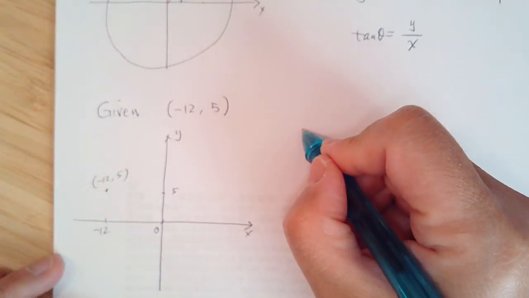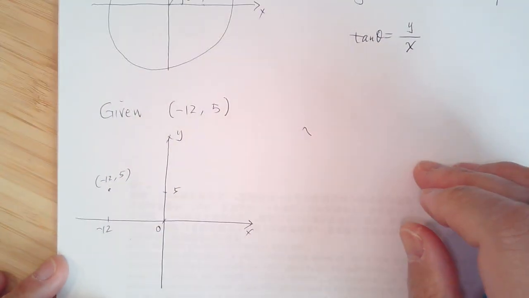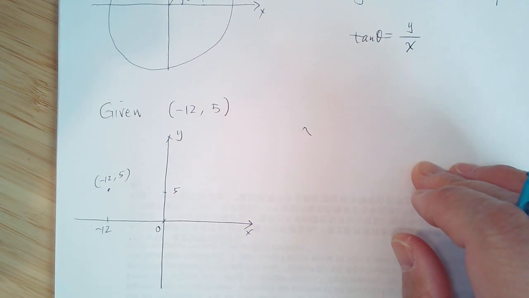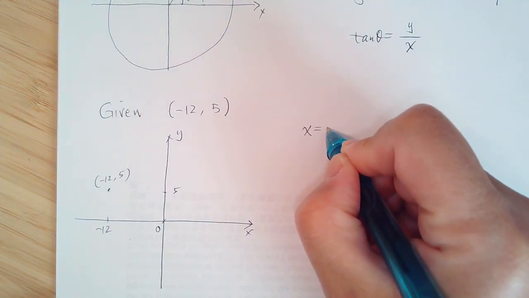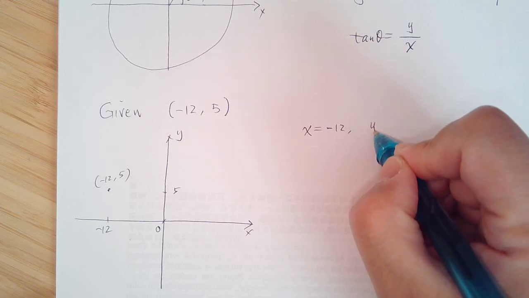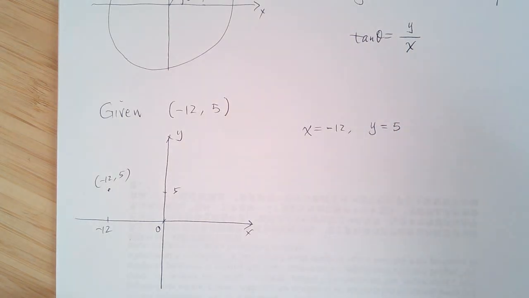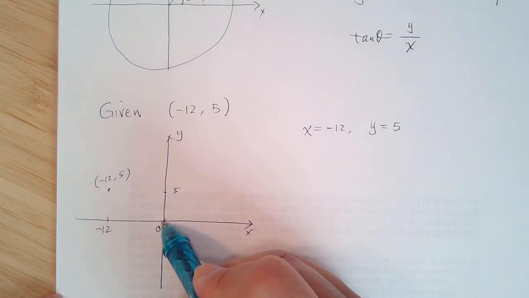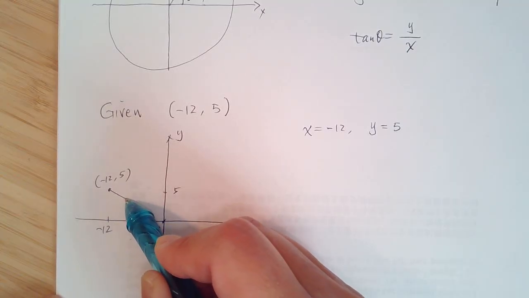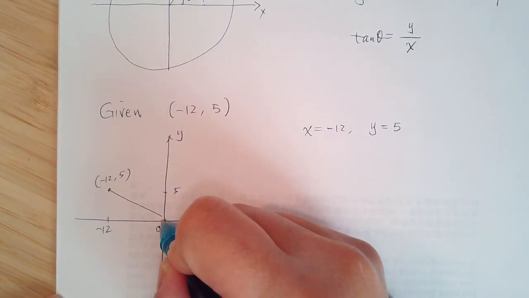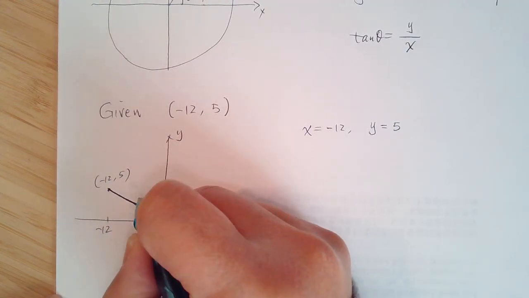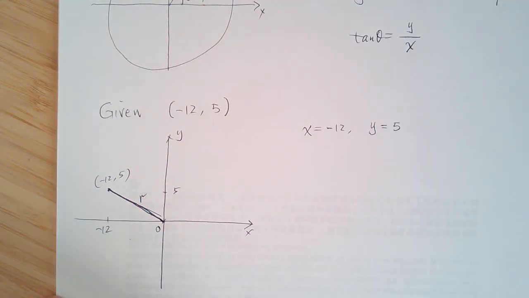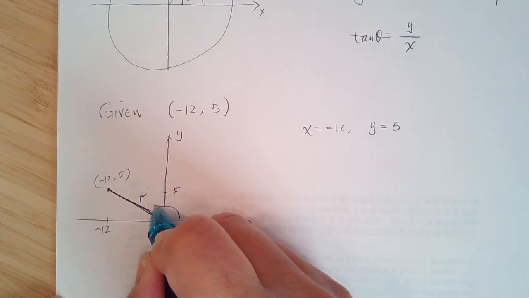So I want you to write down here. Come on, focus, please. So I ask you to write x equals negative 12, y equals 5. Write that first. And if you connect this 0 to negative 12, 5, the length here is r, and this is your theta.